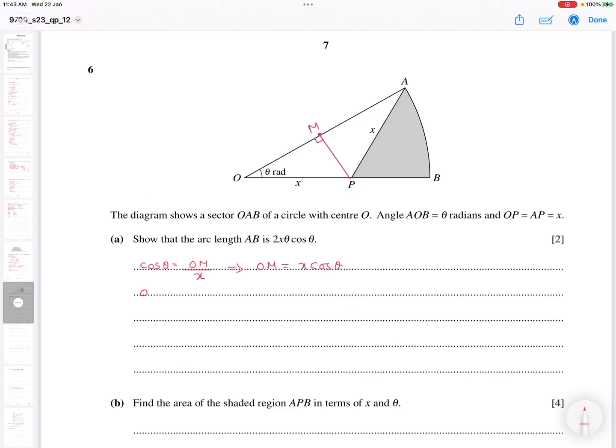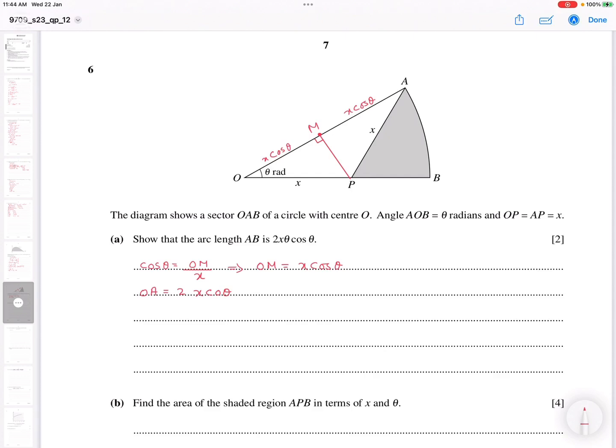Now OA would be equal to 2 times x cos theta, because if this is x cos theta, this is also x cos theta. So together they make 2 times x cos theta.